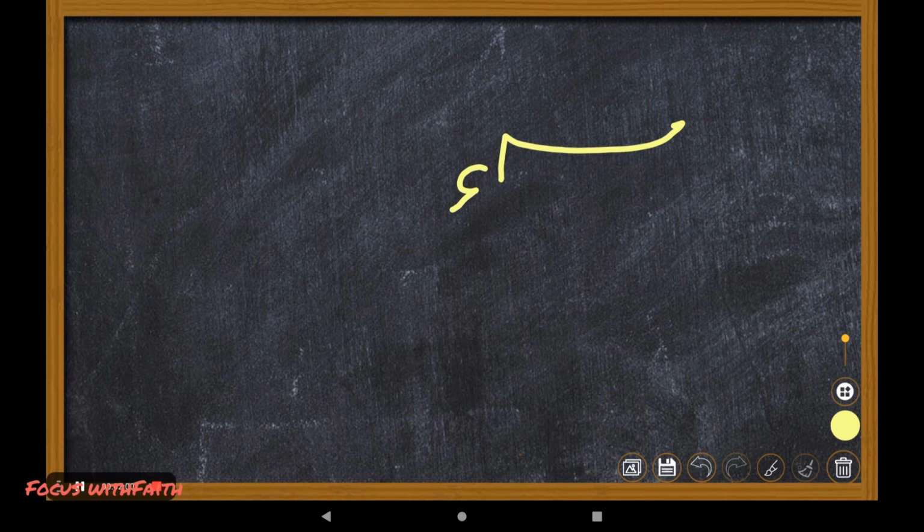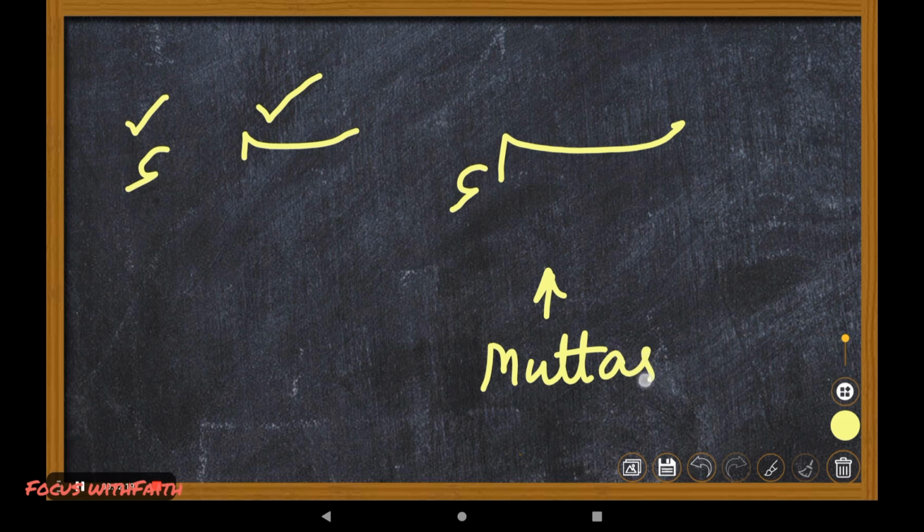If madd and hamza are separated, that means one word ends with madd and the other word starts with hamza, then that is called madd munfasil. Very easy to remember: if they are together, then muttasil; if they are far, then it is munfasil.